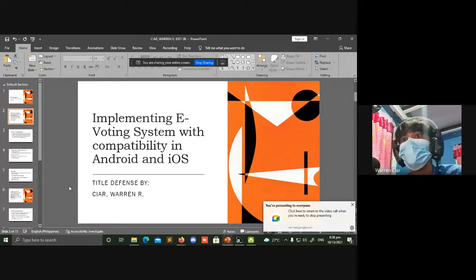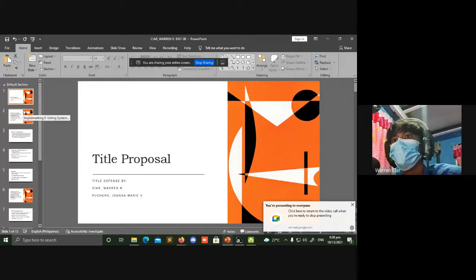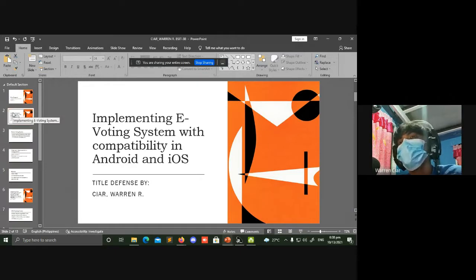This presentation is presented by my co-member, Joanna Pachero, and myself, Warren Shar. So, this is my first title, implementing e-voting system with compatibility in Android and iOS. So first, what is implement? Implement is just like a plan or an idea or a project you want to do.